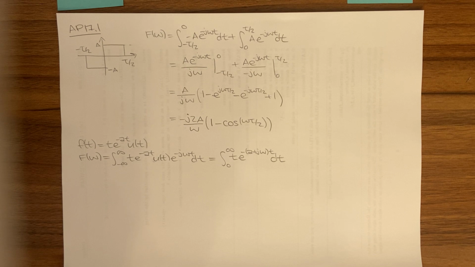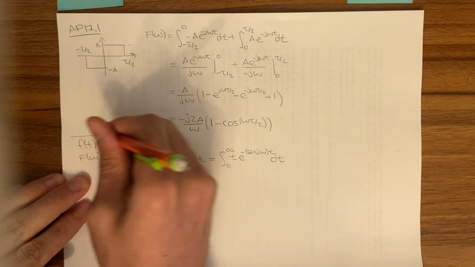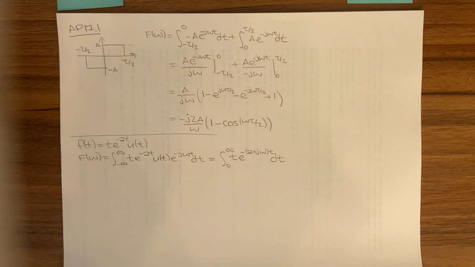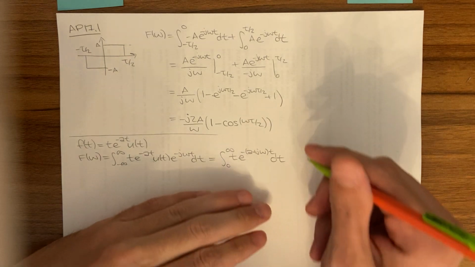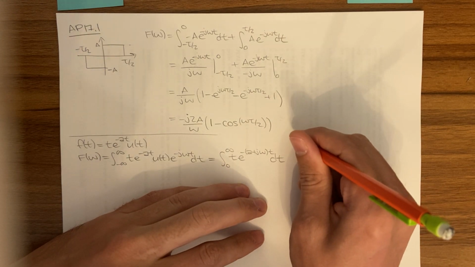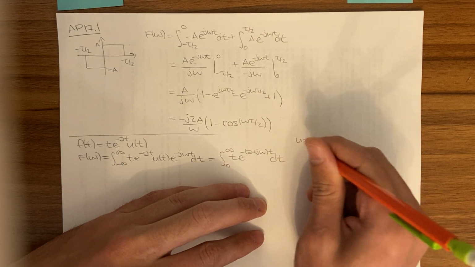Okay, at this point though, you can see quite quickly that this is an integration by parts problem. And that's fine, or you can just use the table in the back of the book. At this point, I don't care what you do.